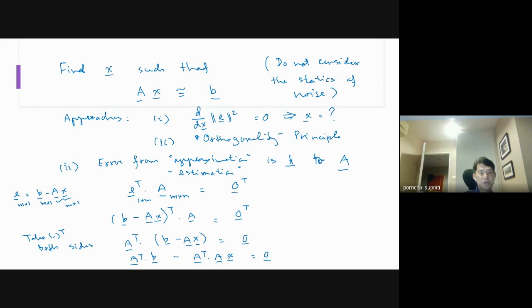And then I move one value to the other side. So I will have A transpose multiply with A multiply with X equals A transpose multiply with B. Just move one to the other side, because what we want to find is X. This is unknown.